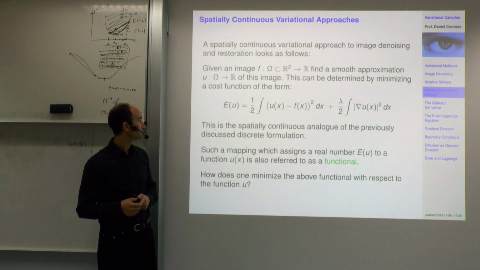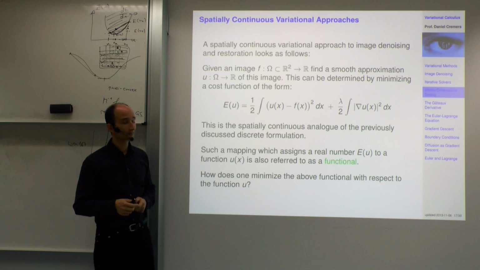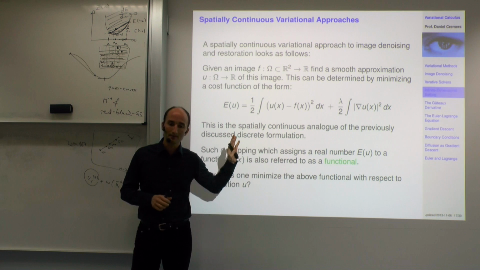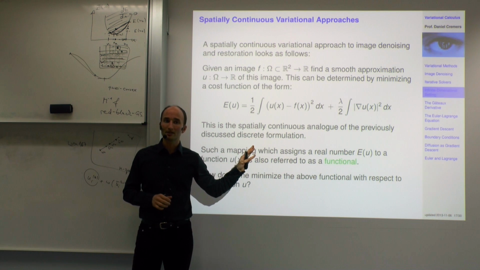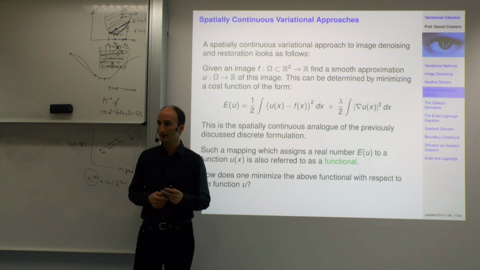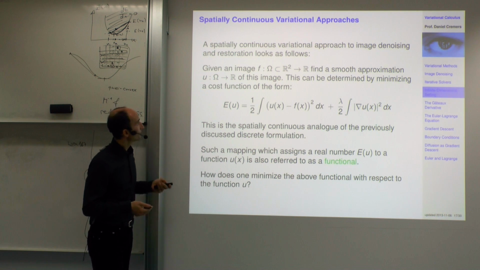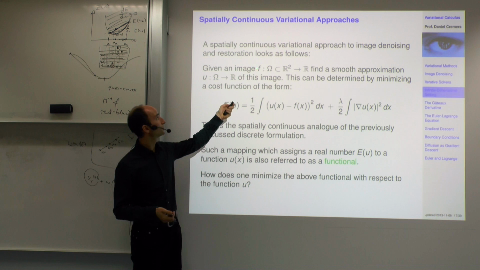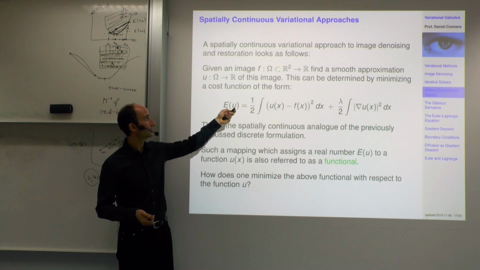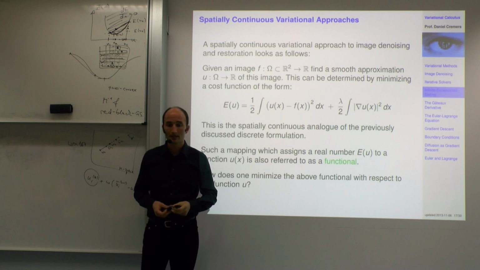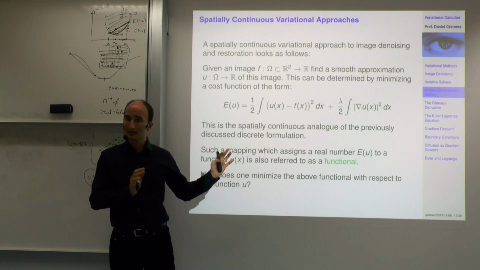So now we get to the same denoising, but in a spatially continuous setting. So space is a continuum. We don't have pixels anymore, but we have functions defined on a subset of R2, with brightness values in the real numbers, and we want to do the exact same thing.